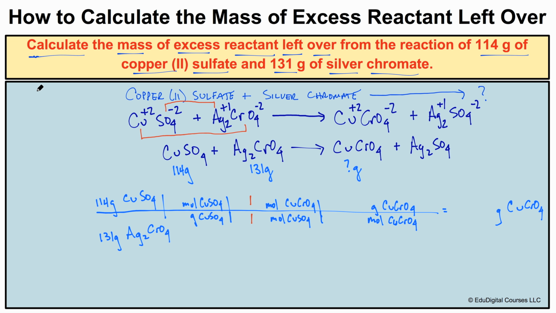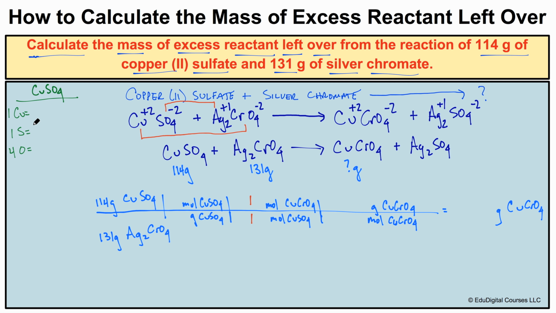We take a look here, we have CuSO4. So CuSO4 is made up of copper. I'm going to leave us with more room here. So copper 2 sulfate is made up of copper, sulfur and oxygen. We have 1 copper, we have 1 sulfur, and we have 4 oxygens.